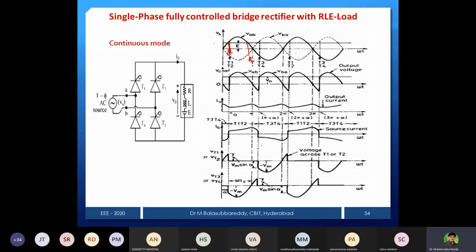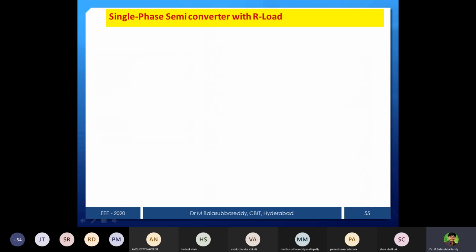I already explained why the firing pulse is given only after theta 1. Before theta 1, the devices are reverse biased. And after theta 2, also the devices are reverse biased. That's why the firing angle is limited here between theta 1 and theta 2. The remaining continuous waveforms are exactly the same as the previous RL load waveforms.